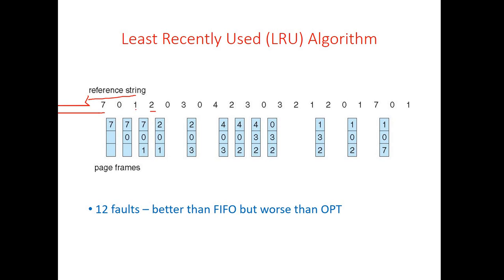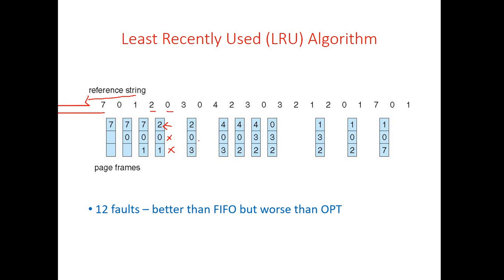So 1 is the most recently used page, therefore 1 is not the target. After 1, 0. 0 is also not the target. After that 7. So 7 is the least recently used page compared to 0 and compared to 1. So therefore 7 becomes the victim page for replacement by page number 2.